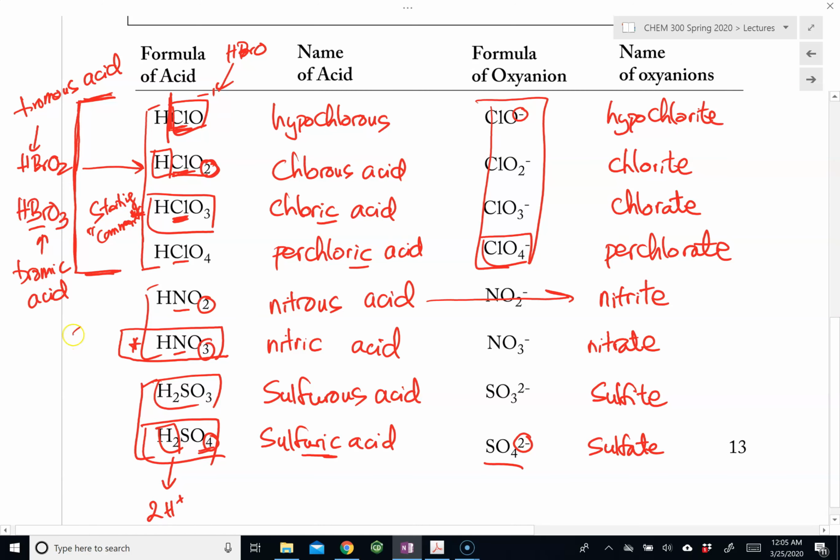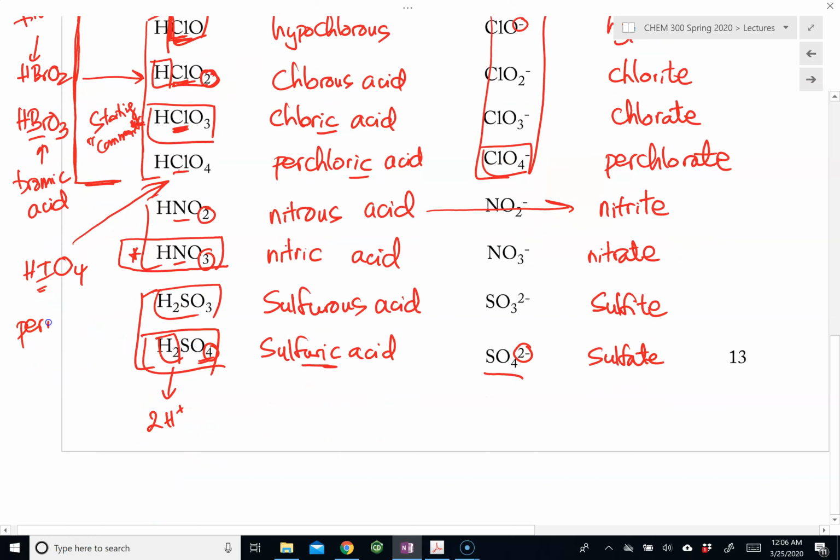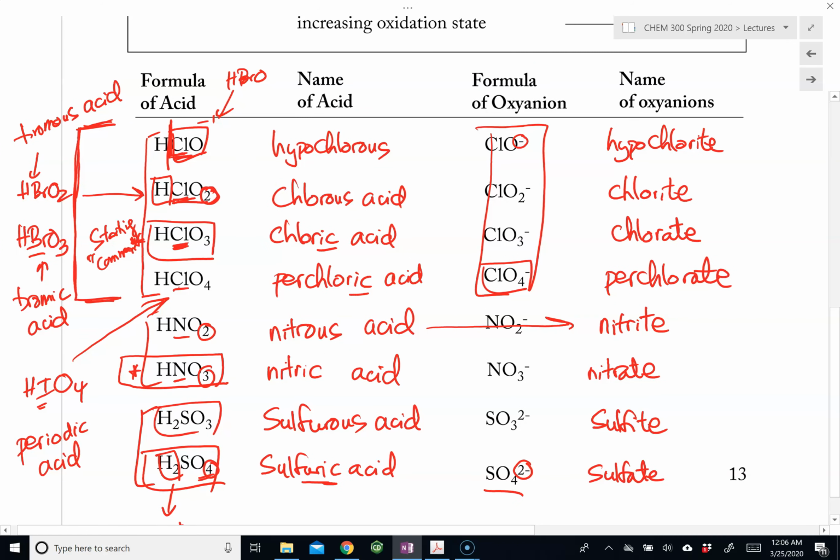And similarly, let's say we have here an iodine, HIO4. So here in this case, the iodine instead of the chlorine. If we were to have HClO4, this is perchloric acid. If we now change the chlorine into the iodine, this will now become the periodic acid. So any of the halogens, except for the fluorine, can form oxy acid.